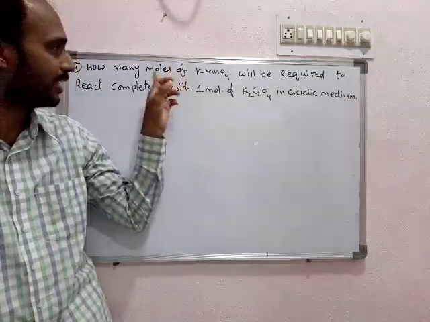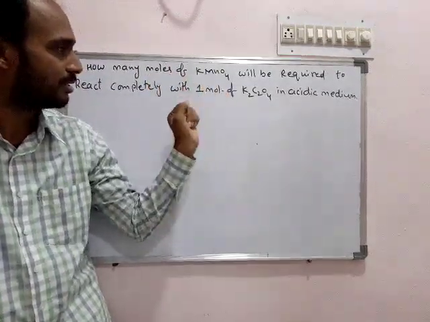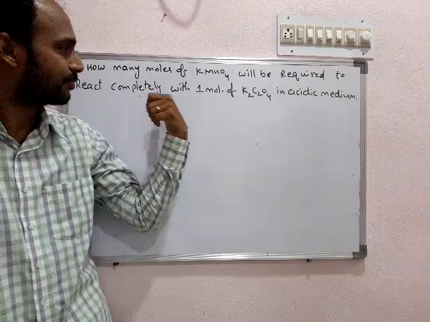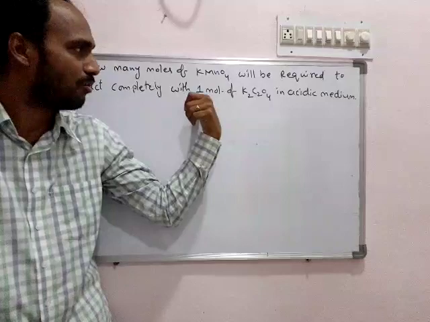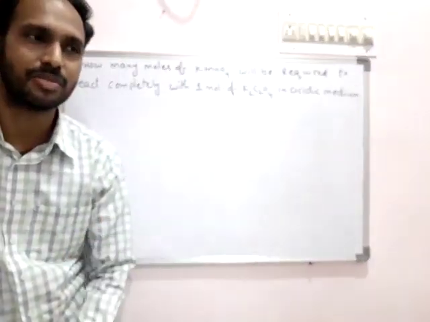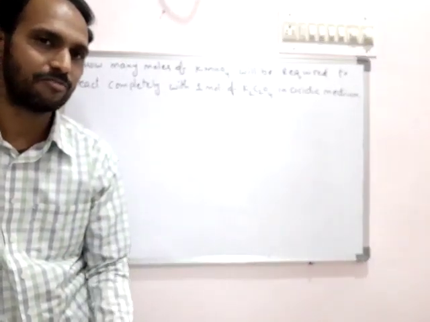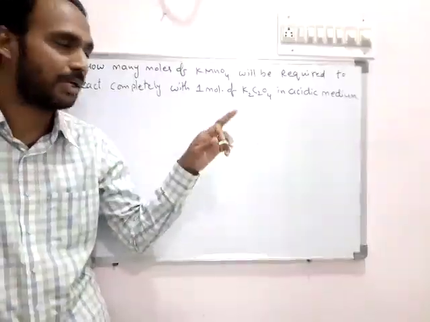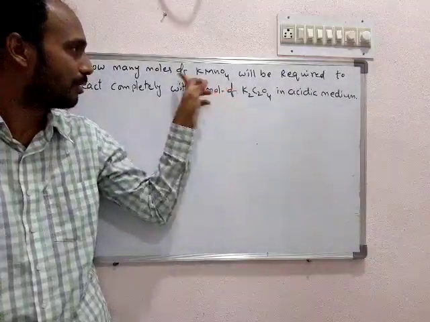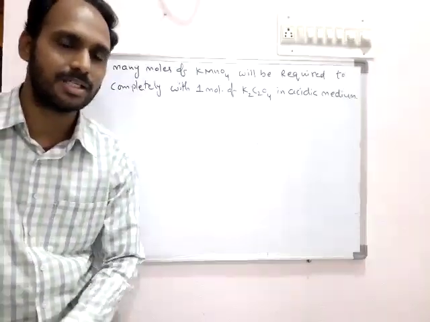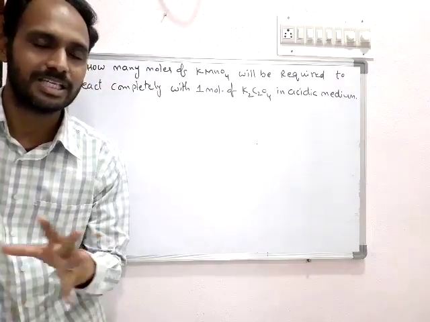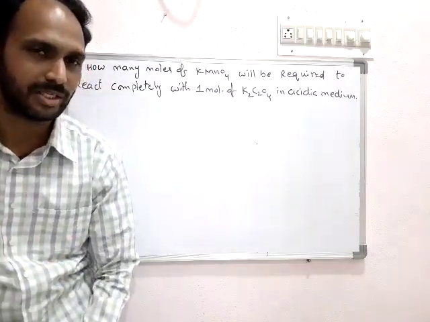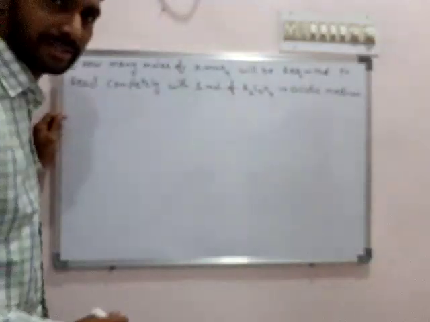We need to calculate the number of moles of permanganate for the reaction of 1 mole of K2C2O4. Both are given in terms of moles only. We need to find the potassium permanganate in terms of moles. If no volume terms are given, just equalize the equivalents. Okay. First we see the N factors.